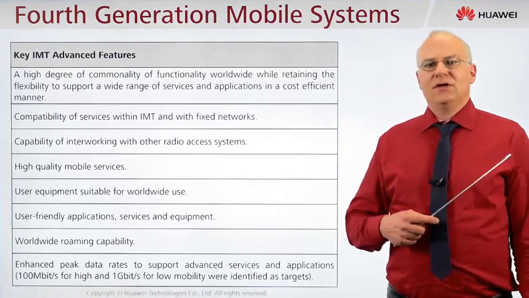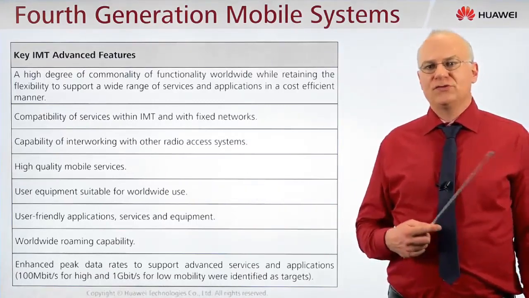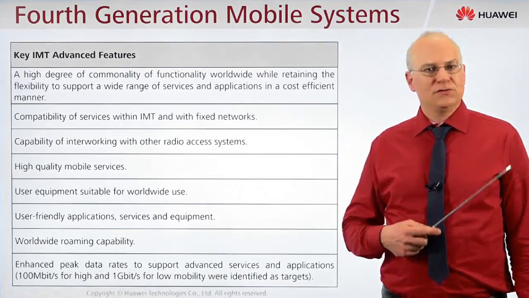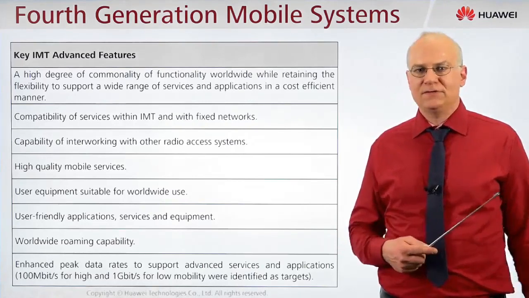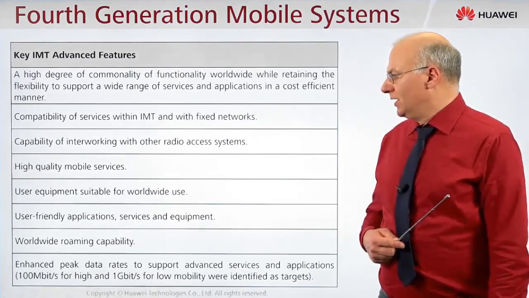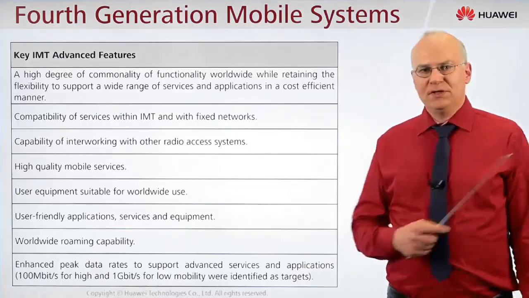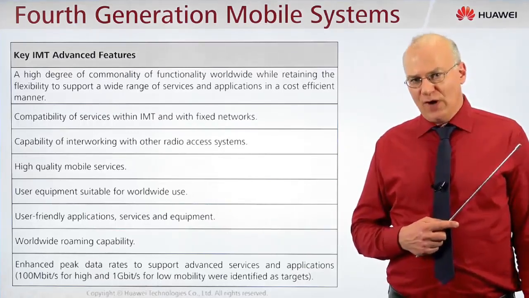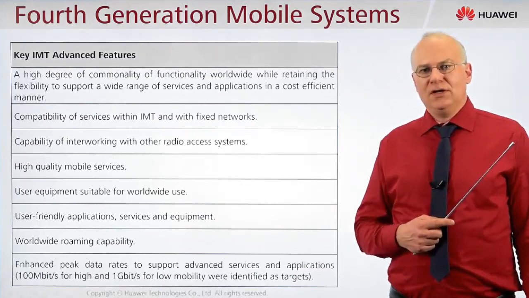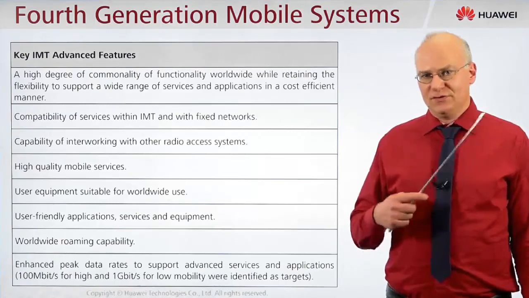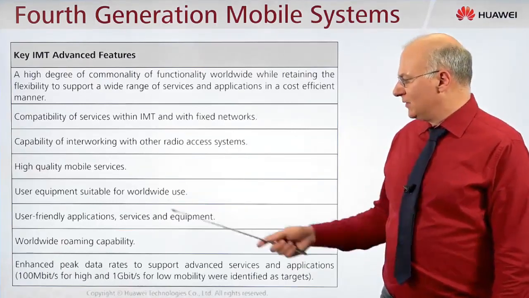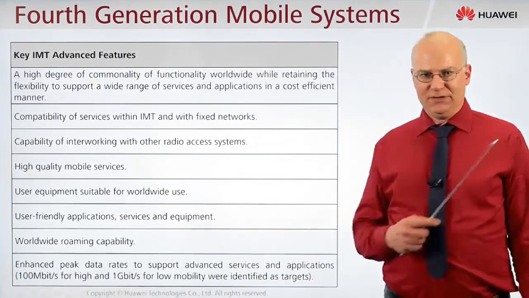Then high quality services should be provided. This means there should be quality of service mechanisms in the network to guarantee certain bit rates, certain error rates. User equipment should be usable worldwide. So this is about the compatibility of the user equipment with the network, as well as worldwide roaming capability.